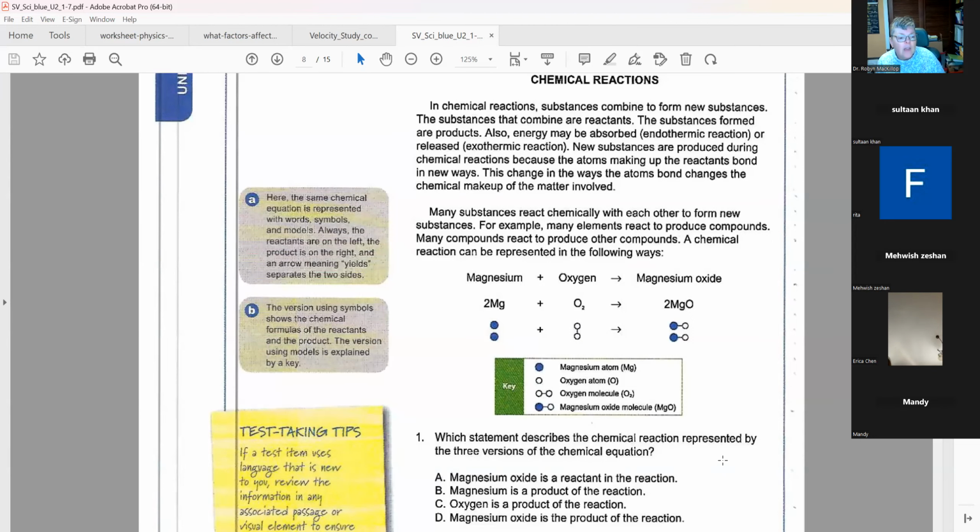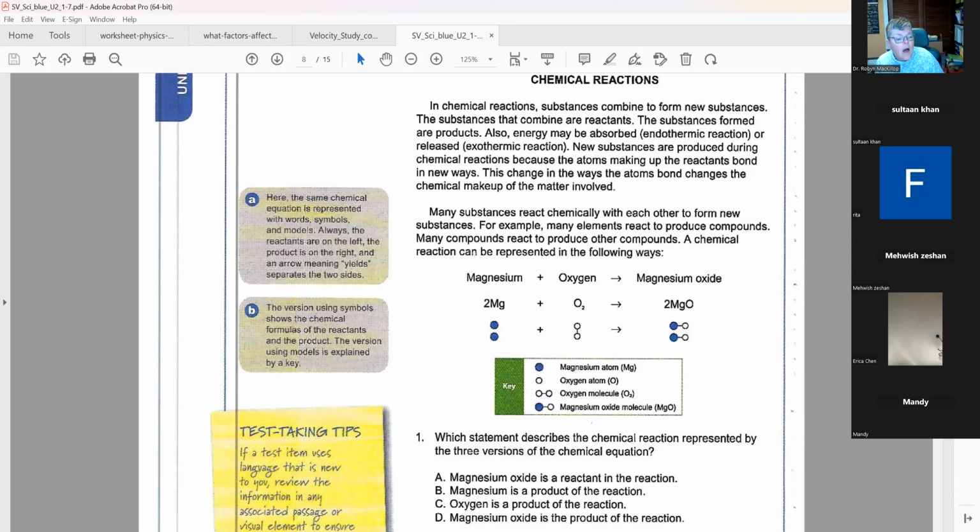And which statement describes a chemical reaction represented by these? And we know it's magnesium and oxygen turn into magnesium oxide. So is magnesium a product? Is oxygen a product?